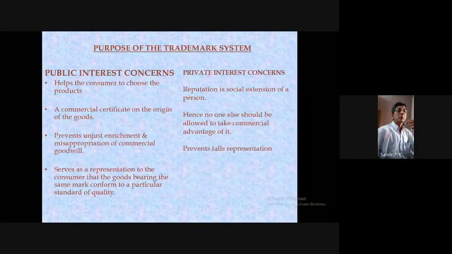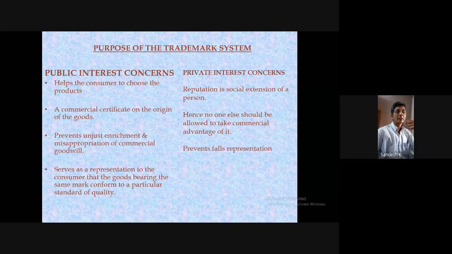Okay, so the main purpose of this trademark system is that it gives the customer a right decision-making tool. Just looking at the trademark, the customer can choose the product. It helps to choose, okay, this is what I want, and it is nothing but a certificate of origin of the goods.